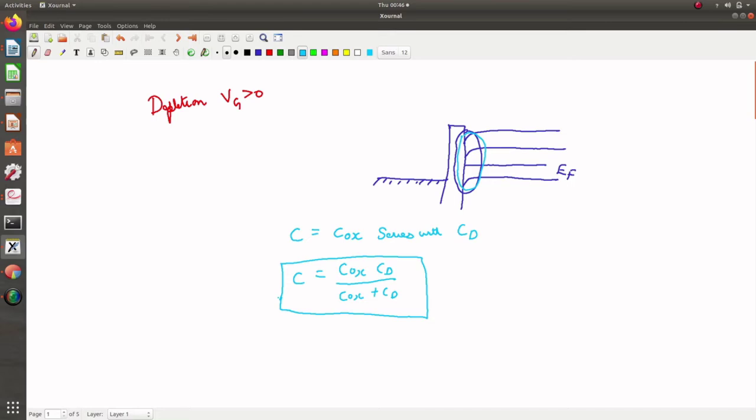The charge per unit area in the semiconductor, Qs, will be mathematically equal to minus Q Na W, where W is the width of the depletion layer formed, and Na, as you all know, since this is a p-type semiconductor, is the number of acceptor ions, or the doping concentration. Both are same, doping concentration.